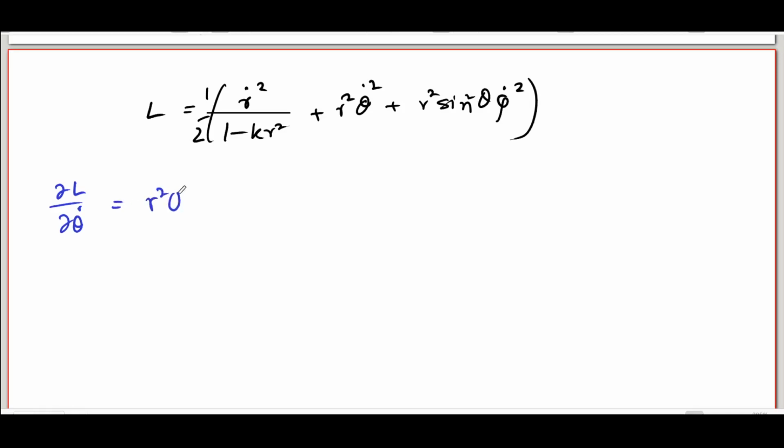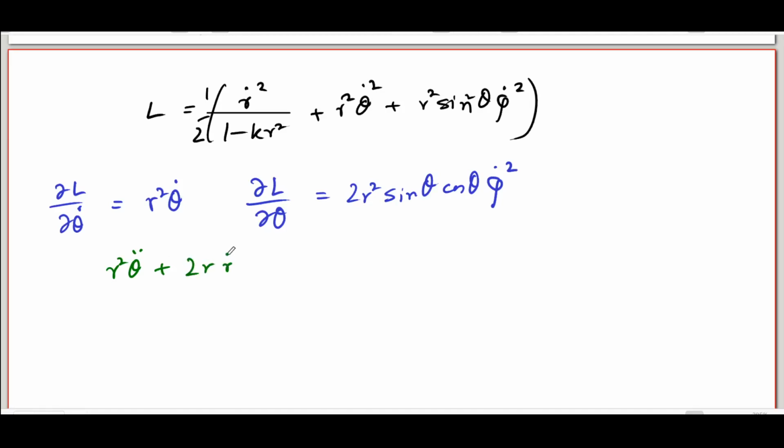It's going to be r²θ̇. And you also need ∂L/∂θ, which is what you get from this term, and you get twice r² sinθ cosθ φ̇². So the derivative of this being equal to ∂L/∂θ gives you r²θ̈ plus twice rṙθ̇ equals twice r² sinθ cosθ φ̇².